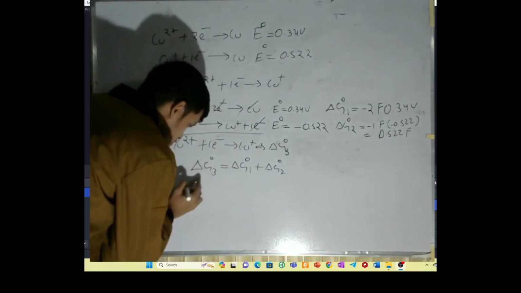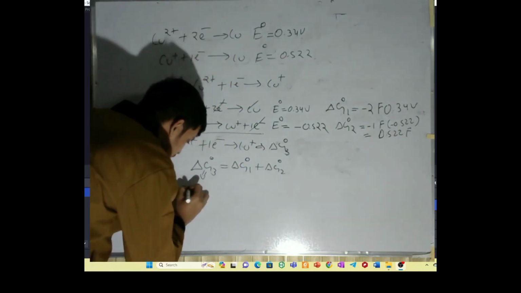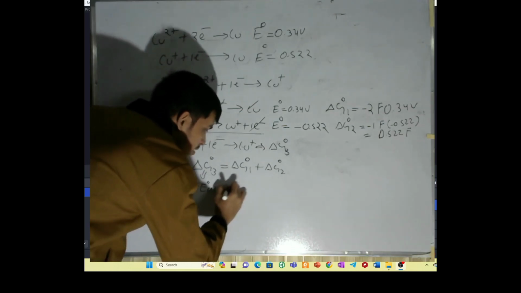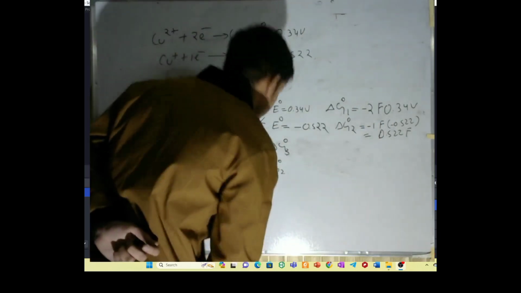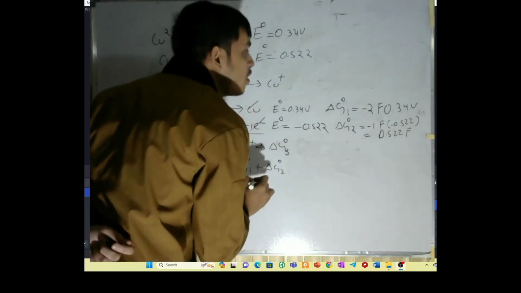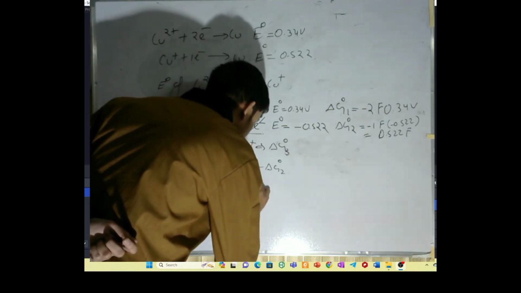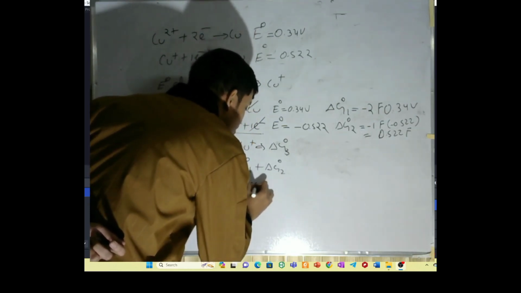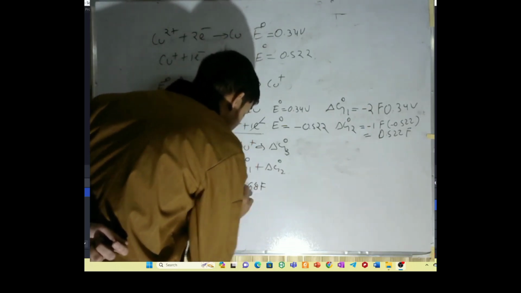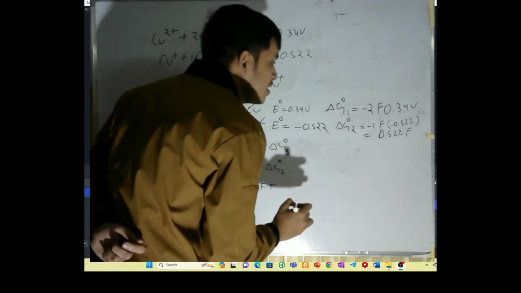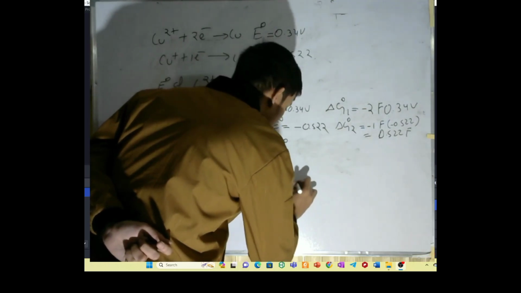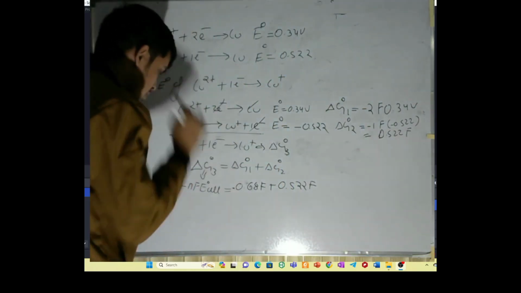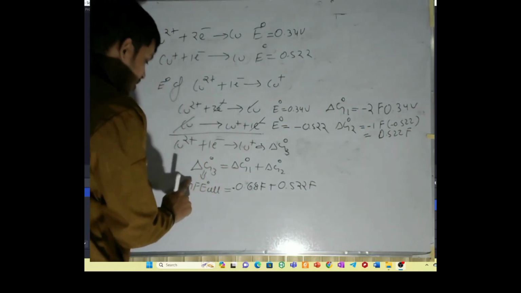Corresponding to this we have minus nF E naught cell, and delta G1 comes out to be minus 0.68 Faraday, plus 0.522 Faraday. Here the n value for this reaction is 1.